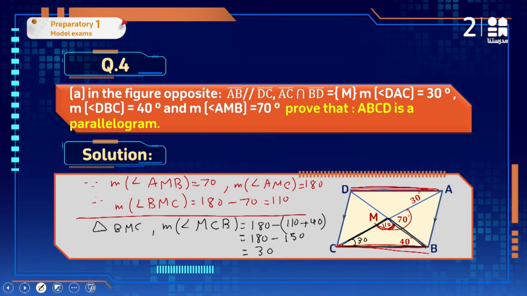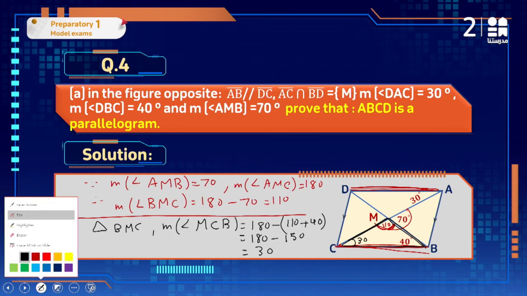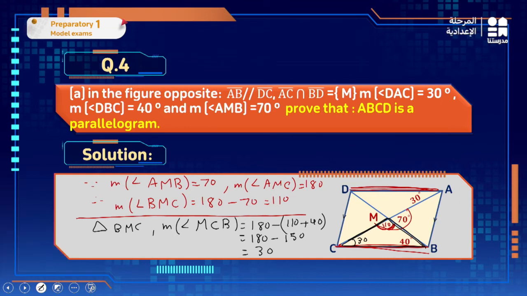What do you observe? Let's change the color. Orange. Focus with me. Do you see letter Z? Focus on the yellow color. Yes, we have letter Z. And this one is 30. And this one, we got it.